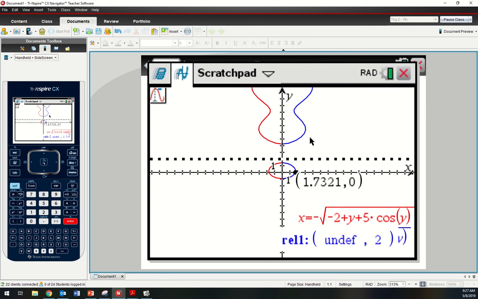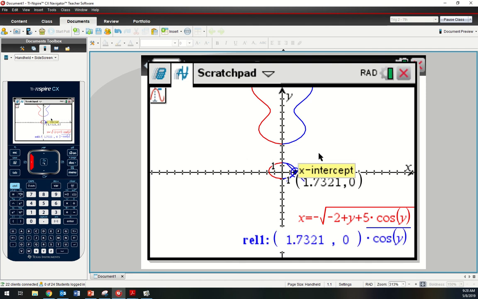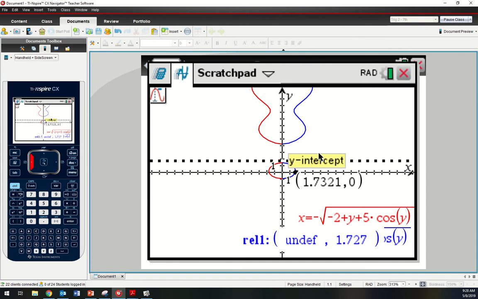It says y equals 2. Uh-oh. So that means I have nothing there. But we need it for x. So watch, it's still moving. There we go. If you notice my numbers, I'm in an area that's undefined, so keep moving this up.